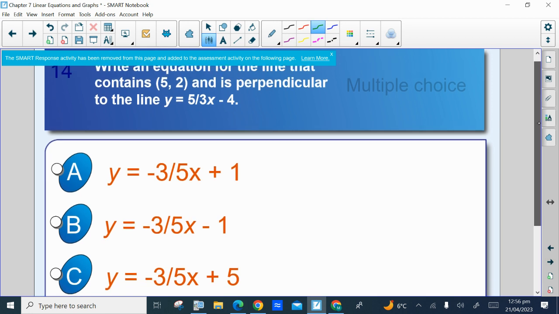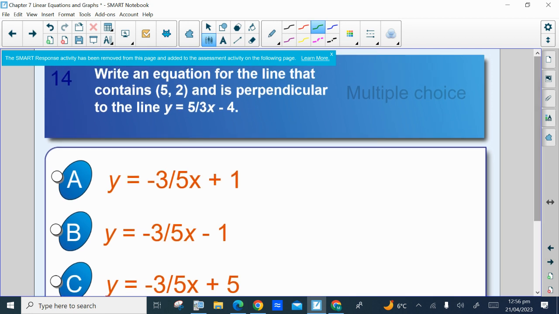This next one, we want to write the equation for the line that's perpendicular to y equals 5/3 x minus 4. So that's our first slope, and passes through the point (5, 2). So if our line is perpendicular to that, Emil, what must its slope be?